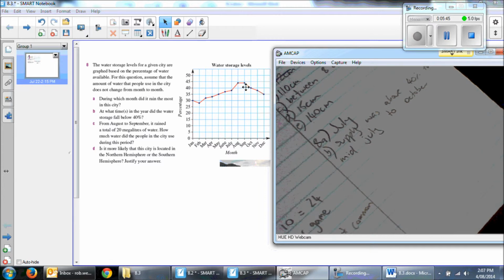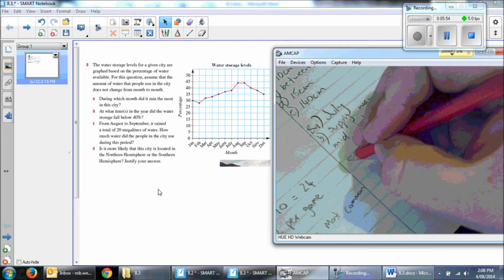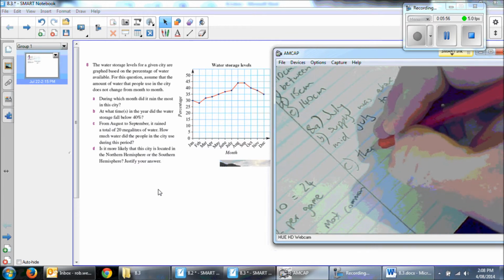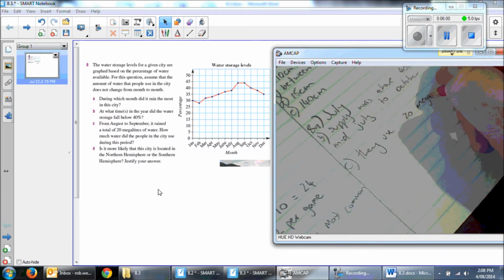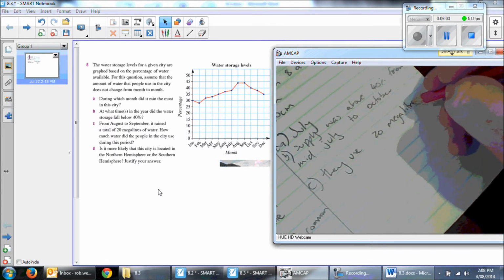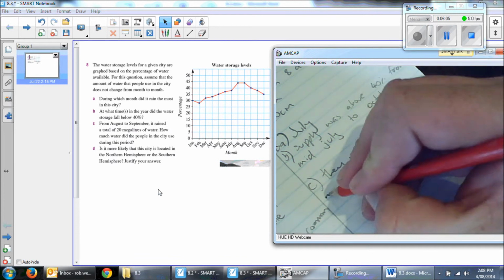So the percentage has not changed at all. So you can assume that they used every single drop of that water, that 20 megalitres that fell. So for C, I would be saying they used 20 megalitres, which is million litres, of water.